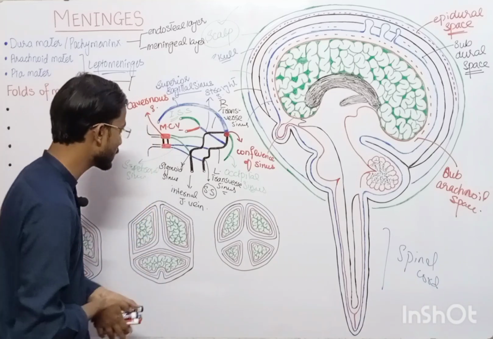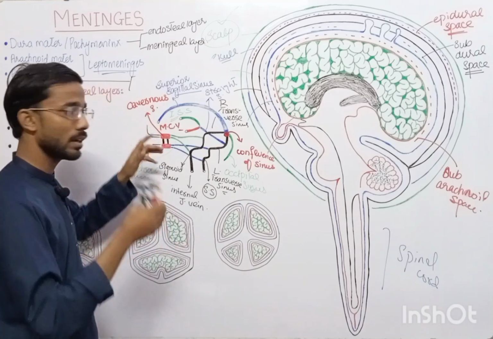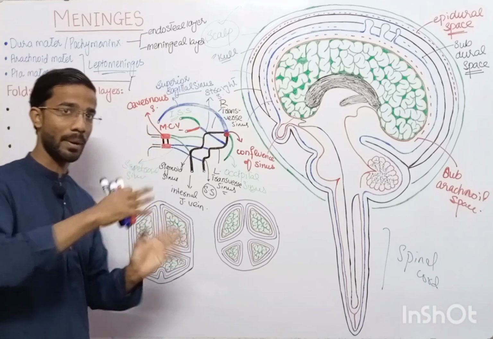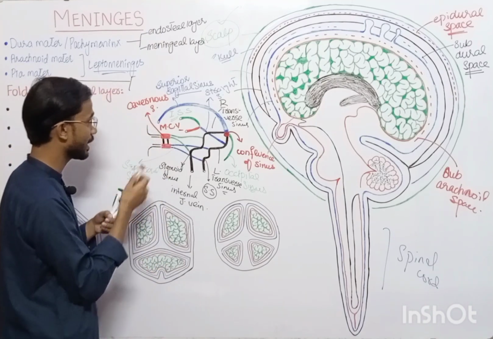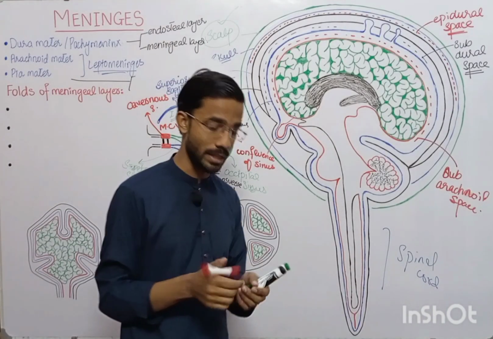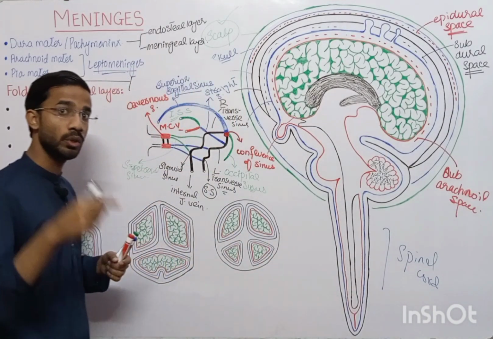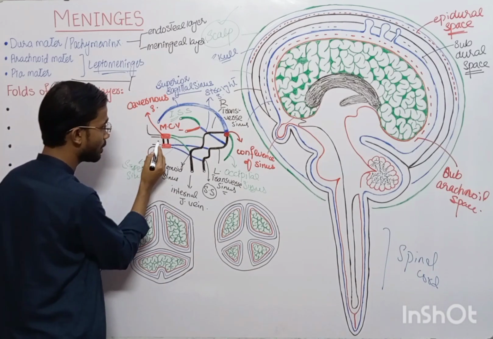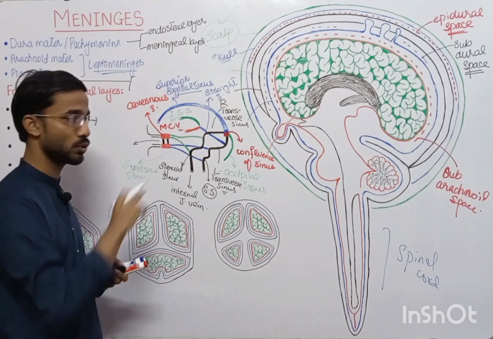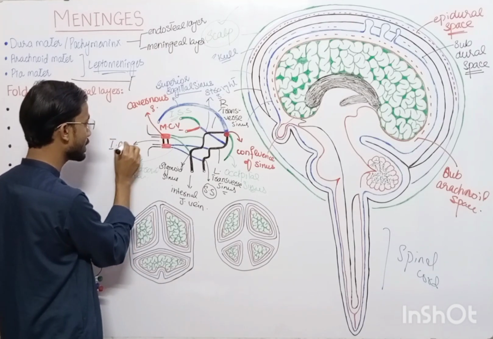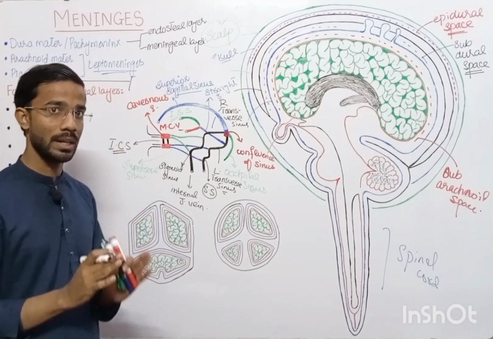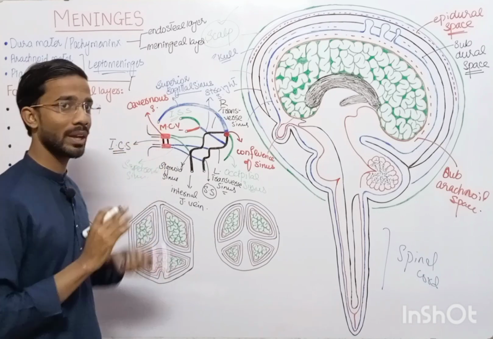These are the two sinuses present at the anterior part of the brain. And between the cavernous sinuses, there are another two sinuses, present in a pair, which join the cavernous sinuses and are called the intercavernous sinus.